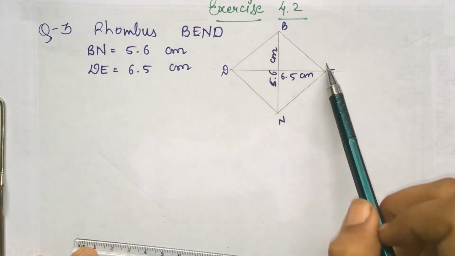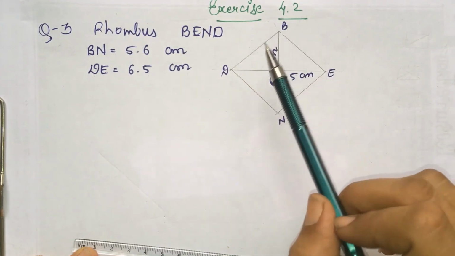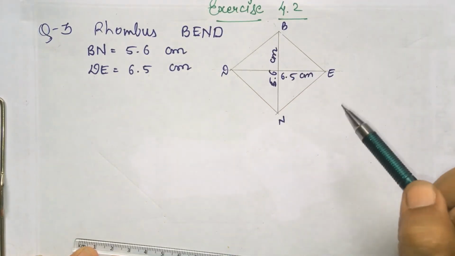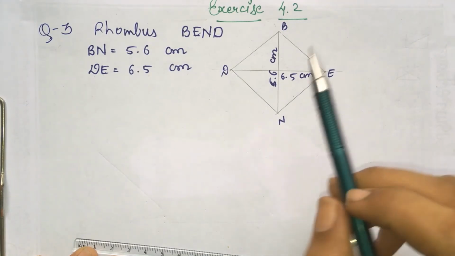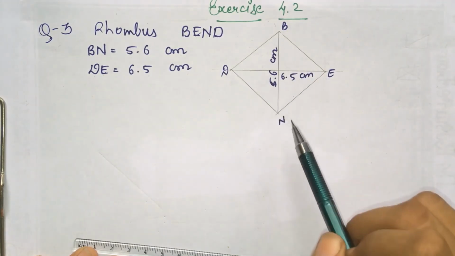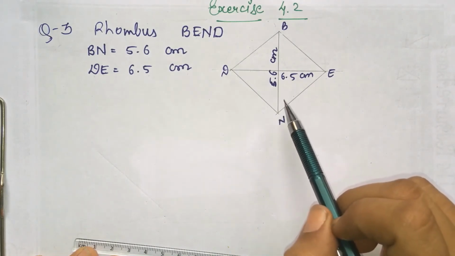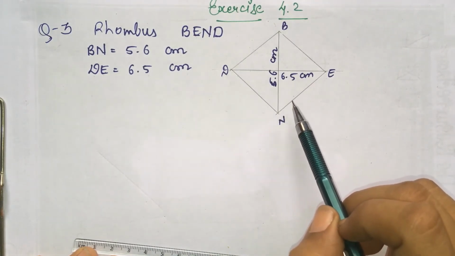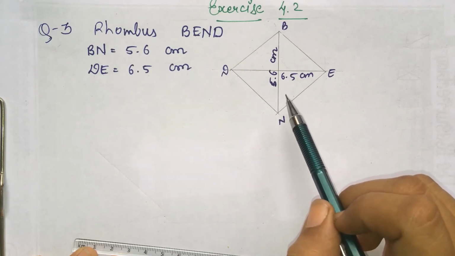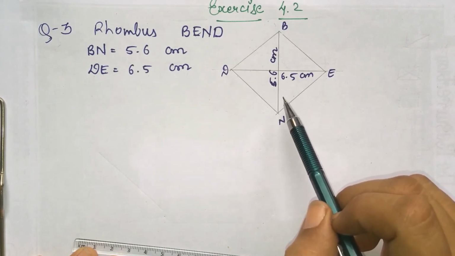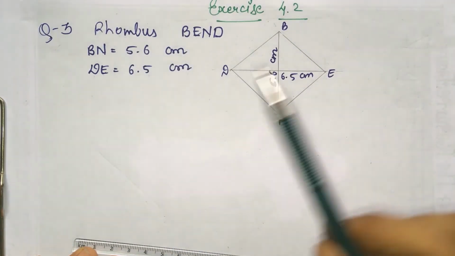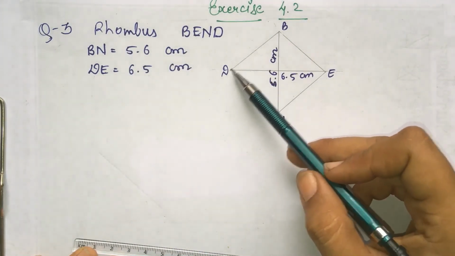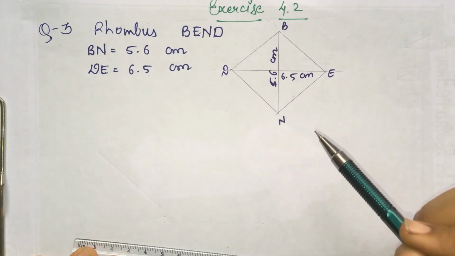We are not given any side. So here we have to use the property of a rhombus, that the diagonals of a rhombus bisect each other and they are perpendicular to each other. Using this property, we will construct a rhombus BEND, because we don't know the measurement of the side.